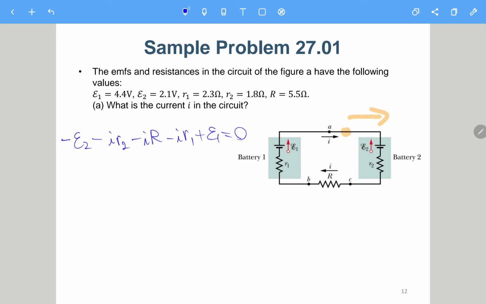Okay, so here we can just collect the terms, these three terms together, and then we move over E1 and E2. Or maybe we can just move over I because they have a negative sign.